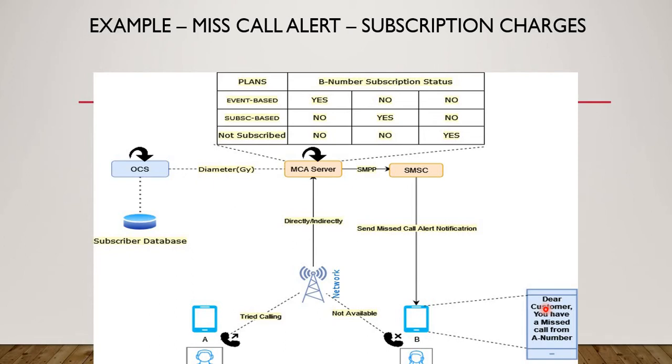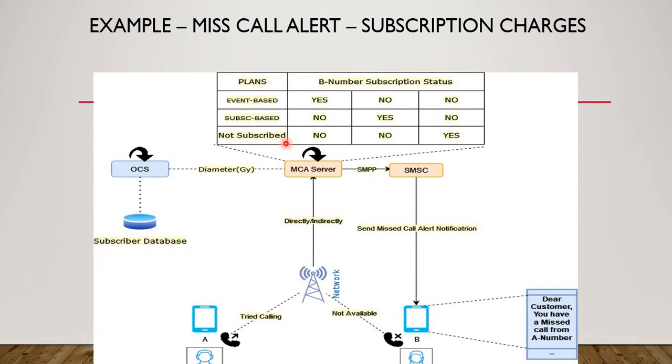If you want to view it, you can subscribe to our services. For example, you can subscribe to our pay as you go plan, which is event based, and you will be charged 1 rupee per SMS for every missed call alert SMS. You can also subscribe to subscription based services wherein certain charges will be there, and it will be a one-time charge, it will be renewal, you can stop the renewal, start the renewal, any kind of promotions they can give. So you can understand now what is the relevance of even the not subscribed case.